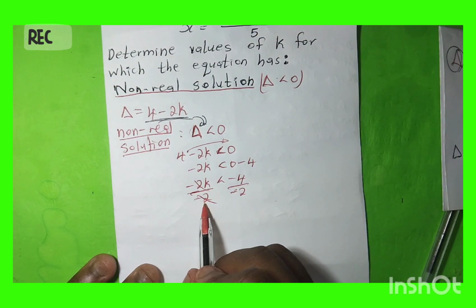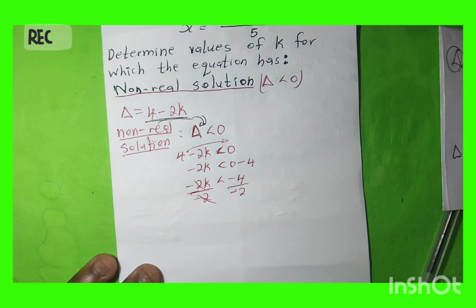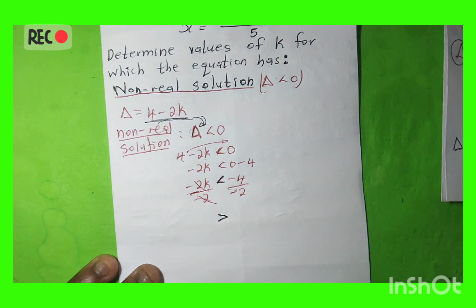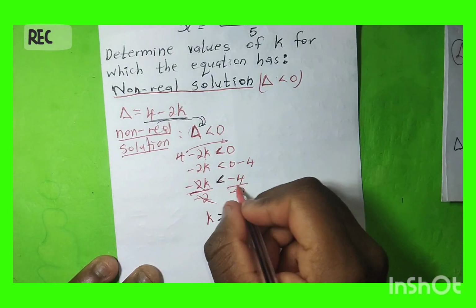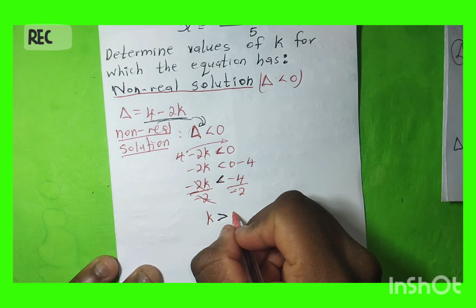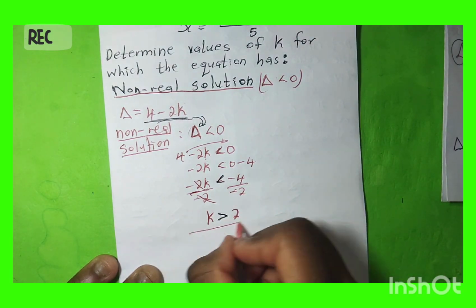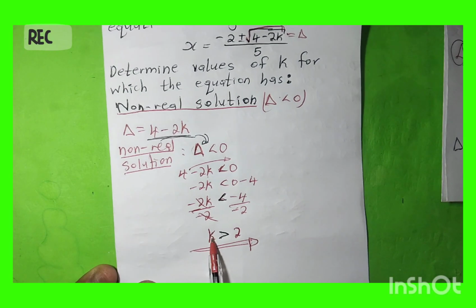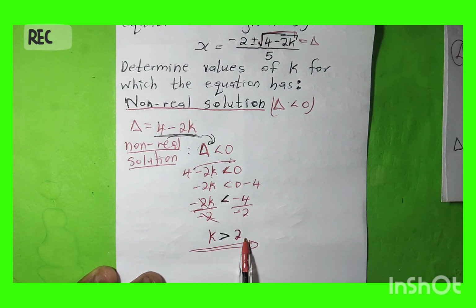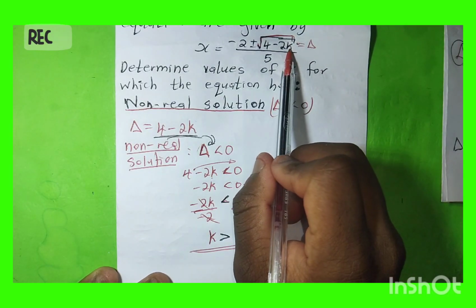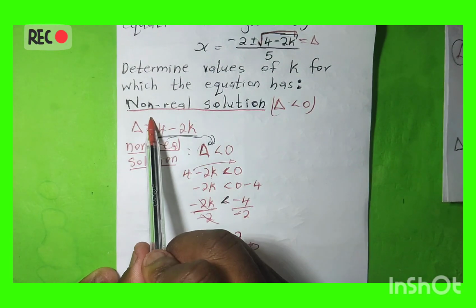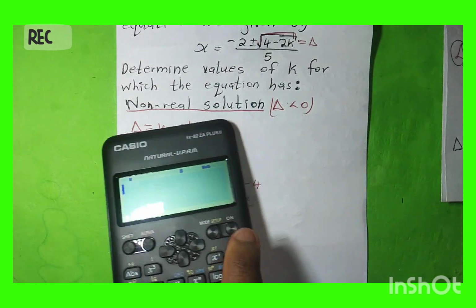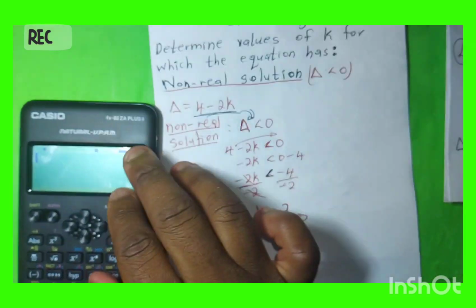But when you divide by a negative number, the inequality sign changes direction. Meaning here I will get positive 2. So what does this mean? It means that for all values of k which are greater than 2, when I substitute in this equation, I will only get non-real solutions. Meaning I will get no solution, I will have an error.